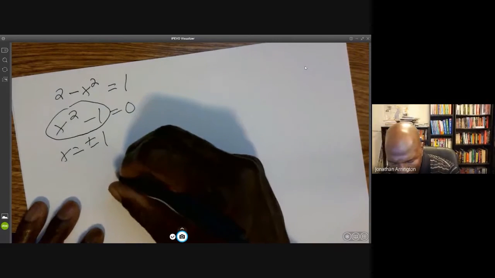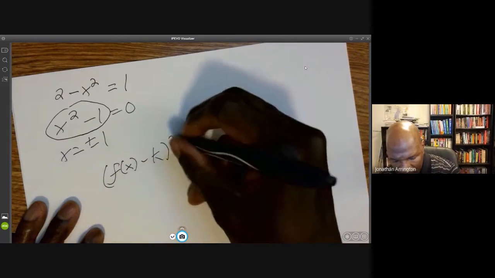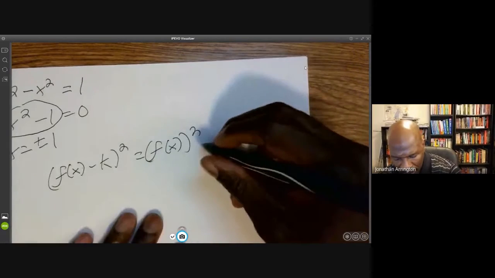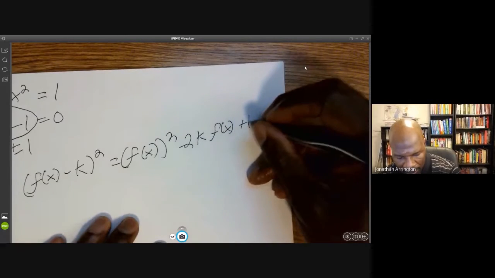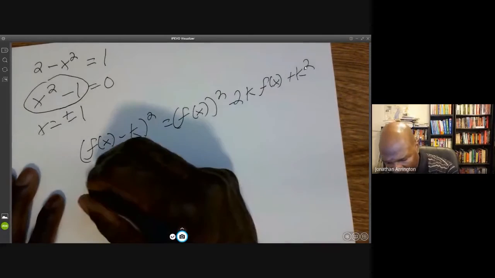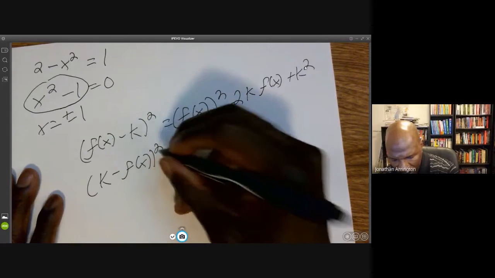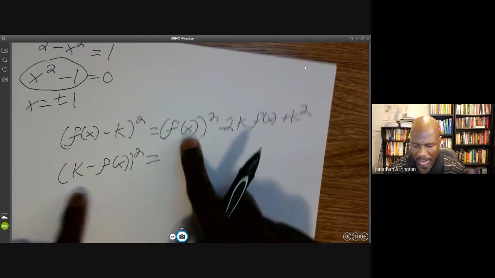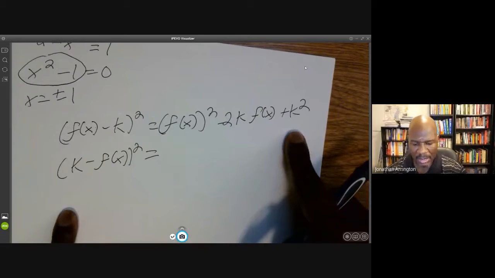For instance, f of x minus k squared, well, that's f of x squared minus 2k f of x plus k squared. And if I did k minus f of x squared, I would get the same thing. I'll get positive f of x squared, then I'll get a minus 2k times f of x, and then I'll get a positive k squared.